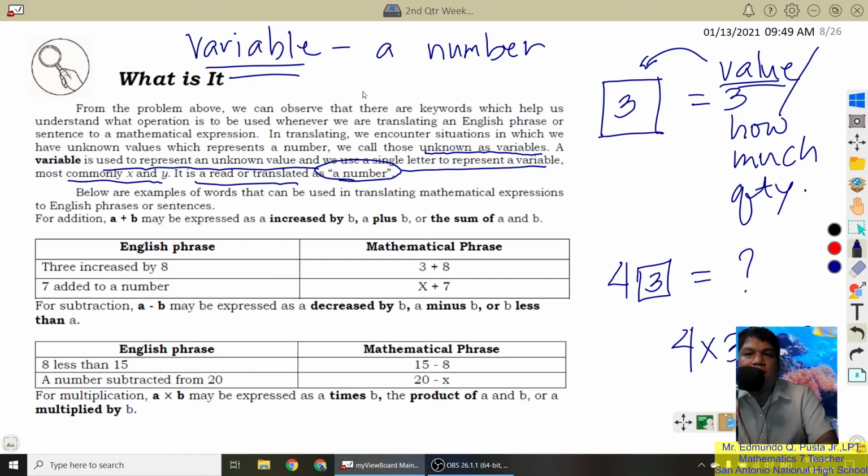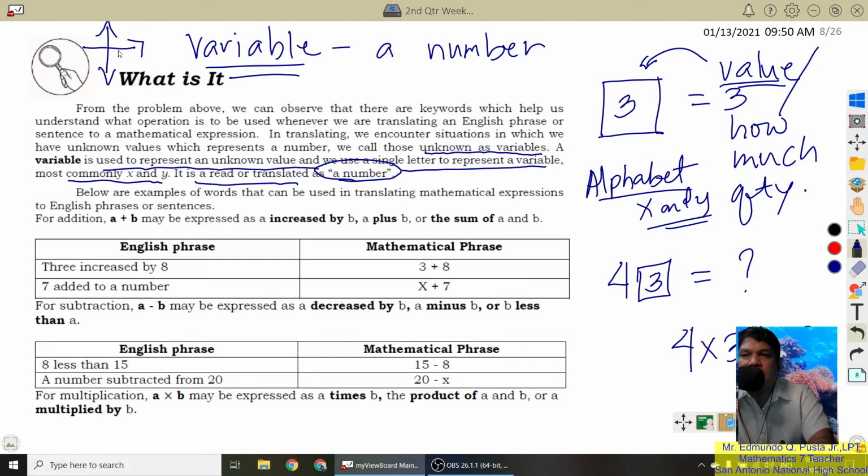By the way, talking about the variable, what symbols do we use? We use alphabet. Particularly, ang ginagamit natin sa grade 7 ay X and Y, because we're going to use X and Y pagdating natin sa ating coordinate planes. Coordinate planes is yung paganyan, no? So, we have the X value and the Y value.